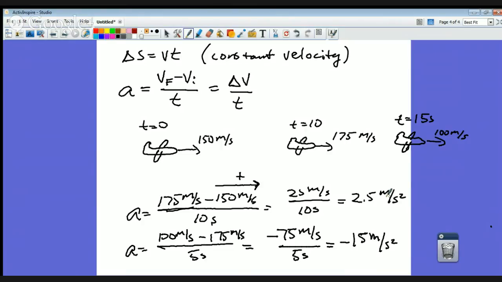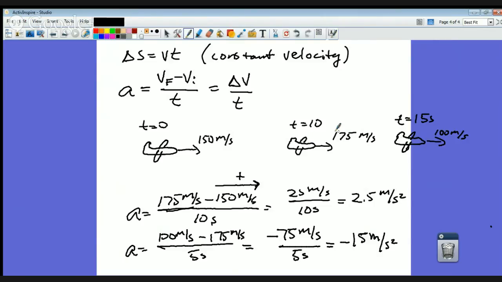So this time the acceleration was in the negative direction. Our velocity changed, and it changed to the left. From 0 to 10 seconds, we were going to the right at 150, and now we're going to the right at 175, so we got even more to the right. We're going to the right even faster.